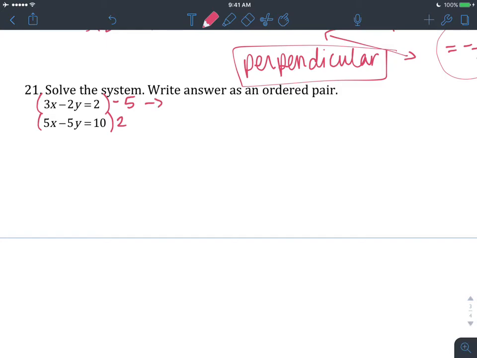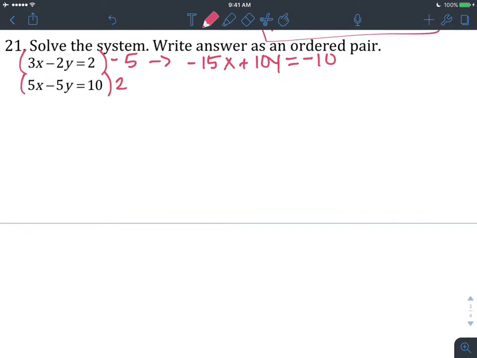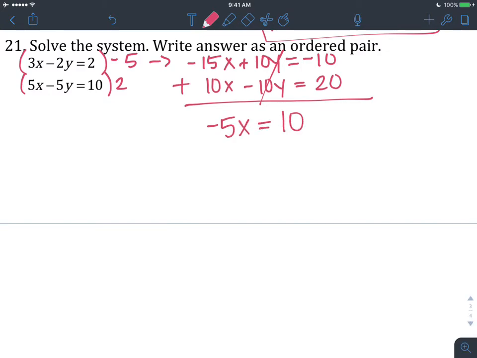So if we do that, we're going to have -15x plus 10y equals -10. And then we're going to have 10x minus 10y equals 20. Okay, so we're going to have -5x equals 10. Remember, we're just adding. So divide by -5 on both sides.